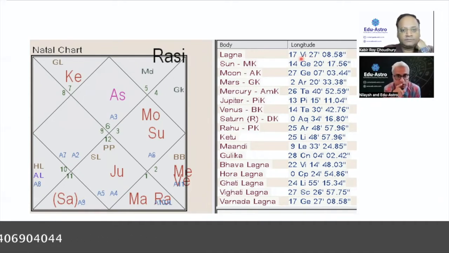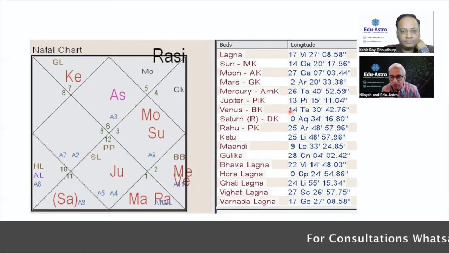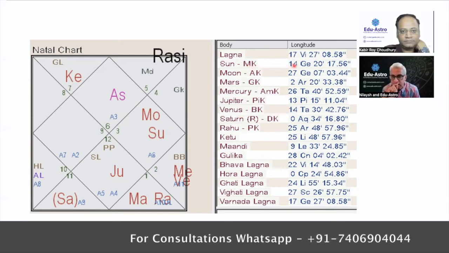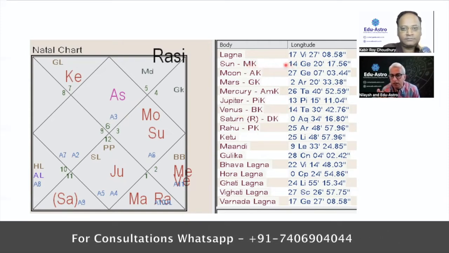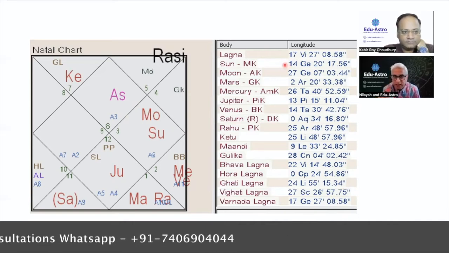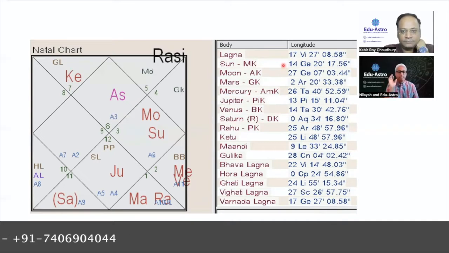Okay, so here if you see the Lagna at 17 degree, the nearest degree to the Lagna is Venus, and you will find another is Sun degree. So if you see around the 17 degree, Sun and Venus are the closest to the Lagna degree.